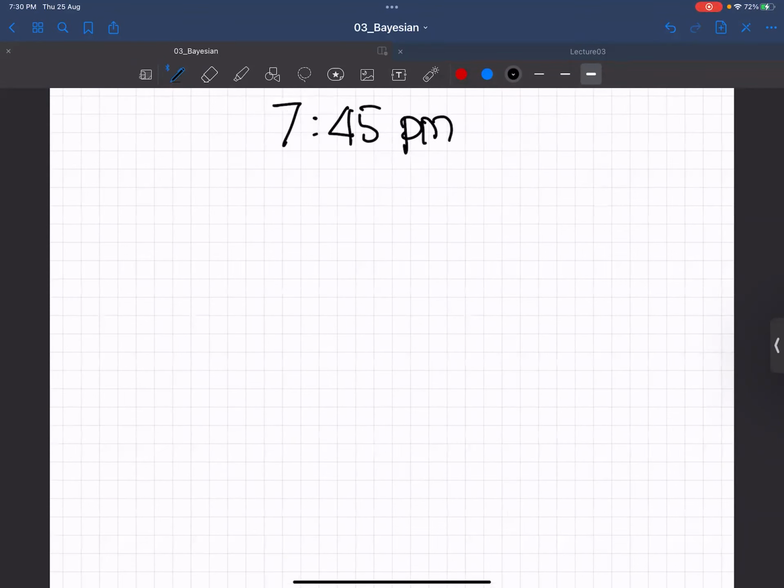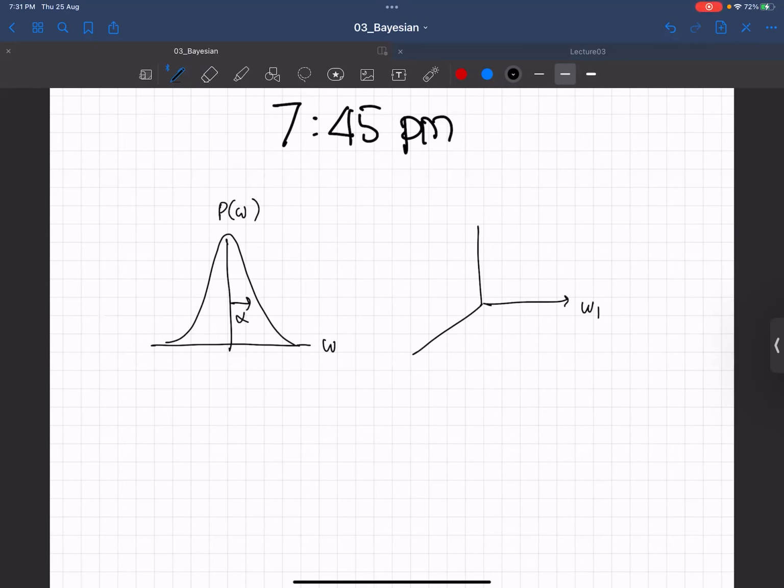It is multiple dimensionality, but I simplify it into 2 dimensions. That's alpha, and this is a property of W. Why is it an identity matrix? Because it's a multivariate Gaussian, which is multiple dimensionality. For example, this is W1, W2, a property of W1 and W2, and this is 2-dimensional.